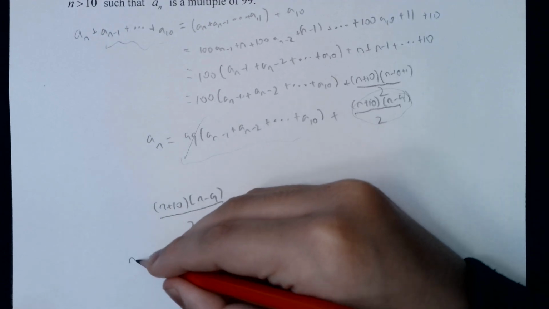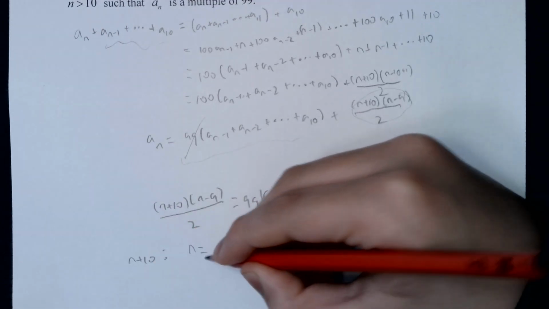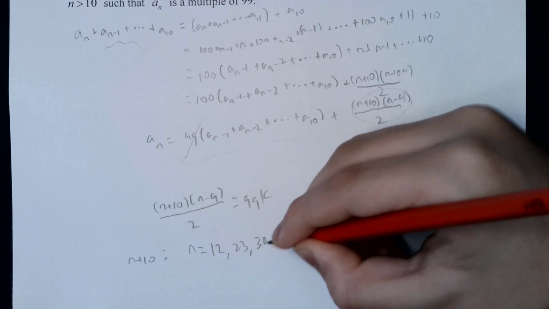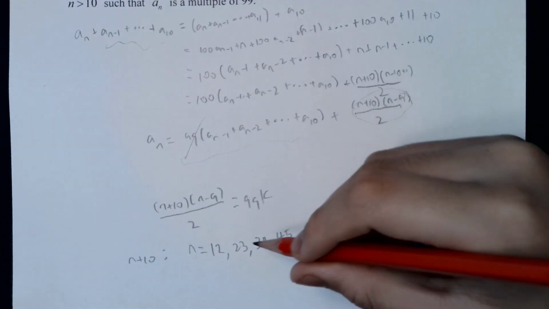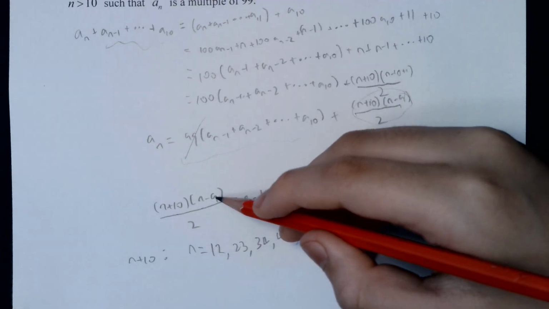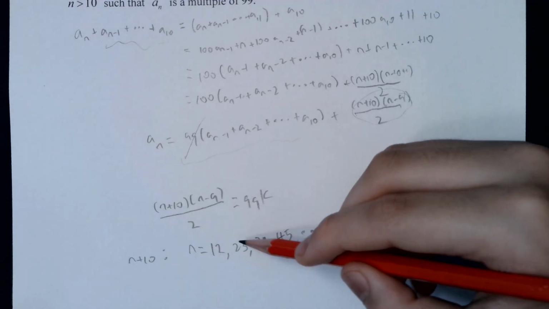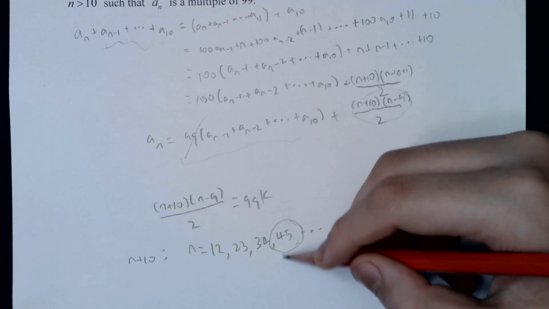So for n plus 10, we can see that n is going to equal 12, 23, 34, 45, and so on. A reminder that n cannot equal 1, as then this would be negative. Now plugging in n equals 12 into n minus 9, then 23, 34, and 45, we see that 45 is the only one that works.